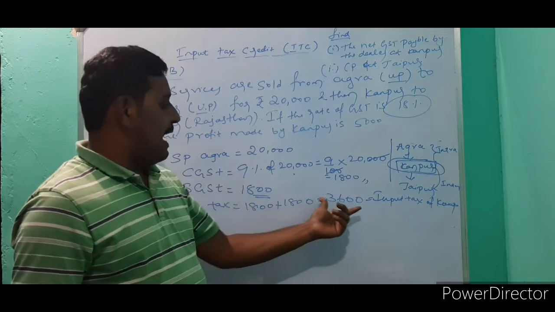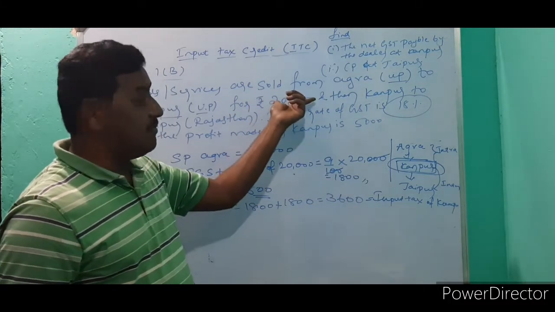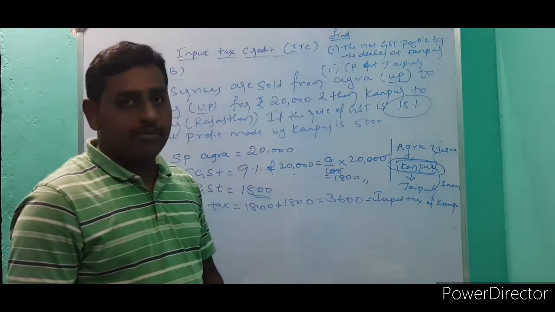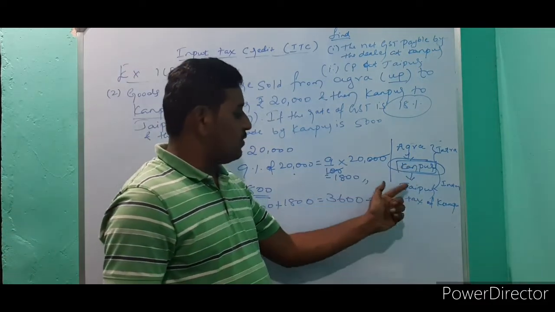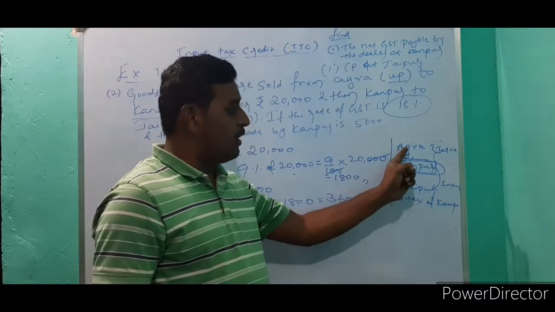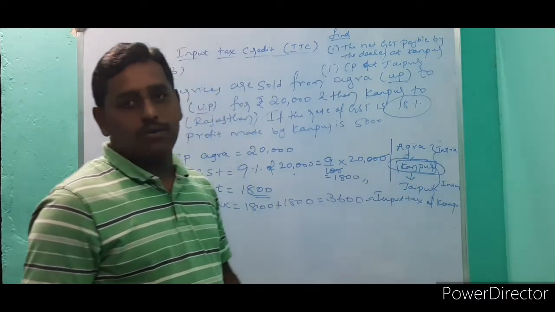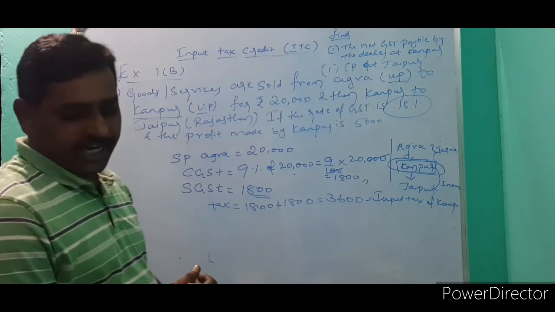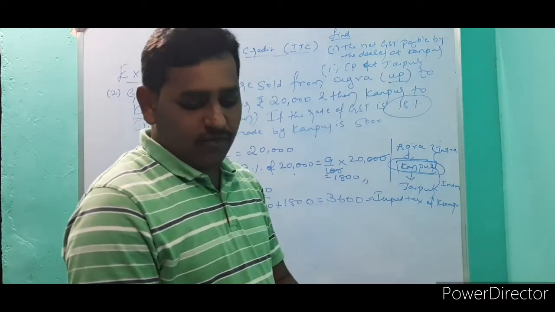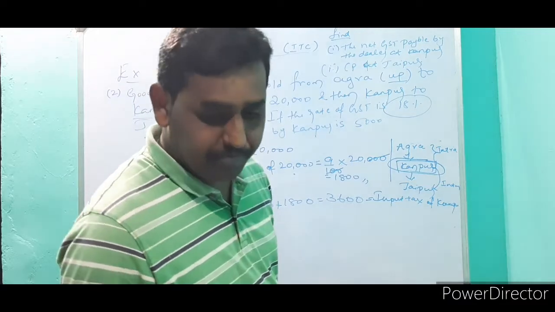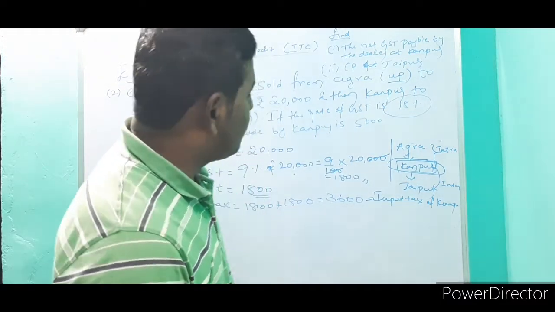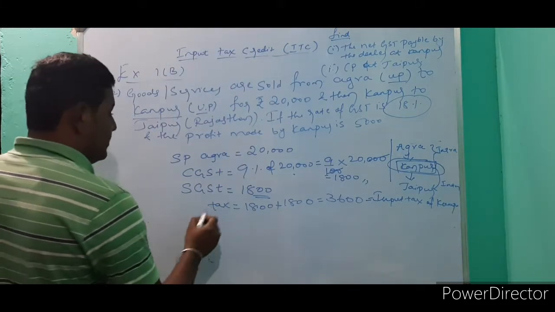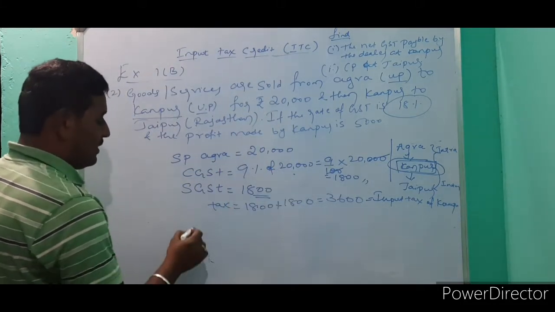So the input tax of Kanpur is equal to the output tax of Agra to Kanpur. Now the input tax is over.